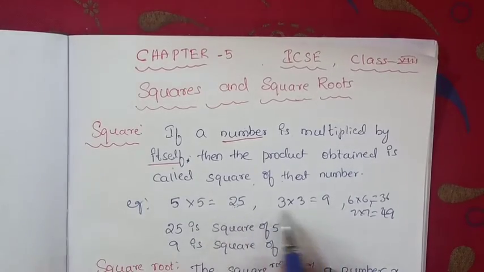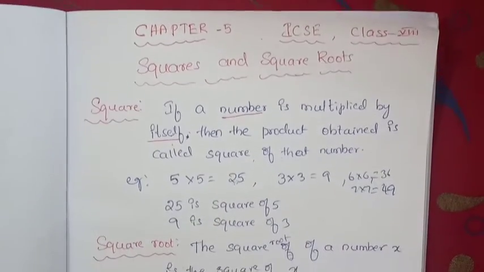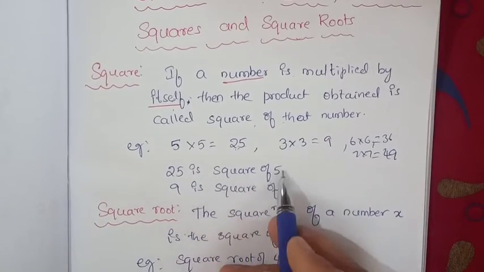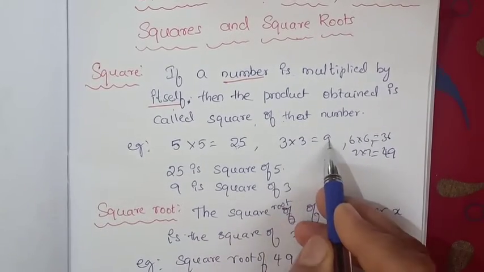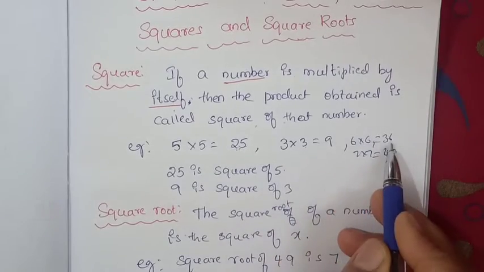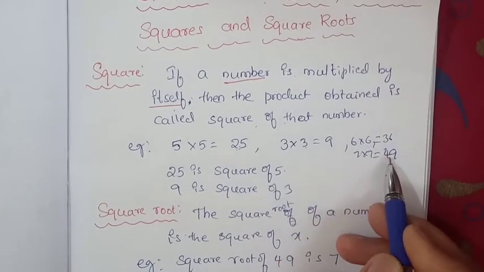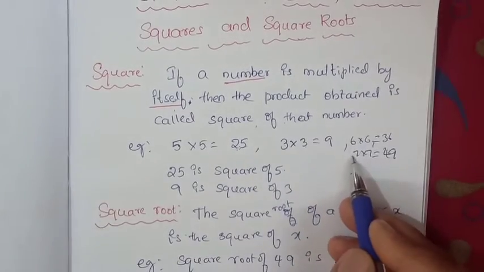So 25 is the square of 5, 9 is the square of 3, 36 is the square of 6, 49 is the square of 7.